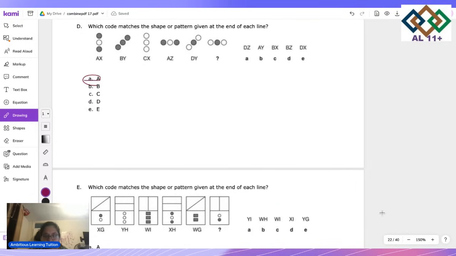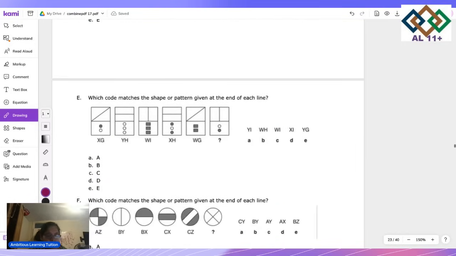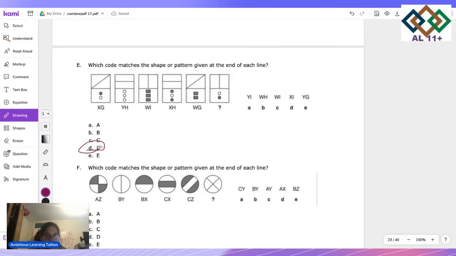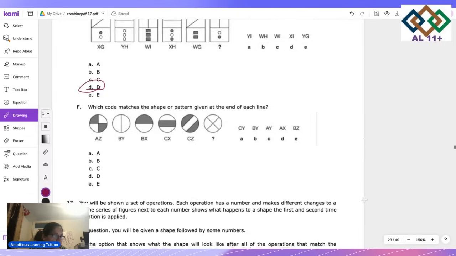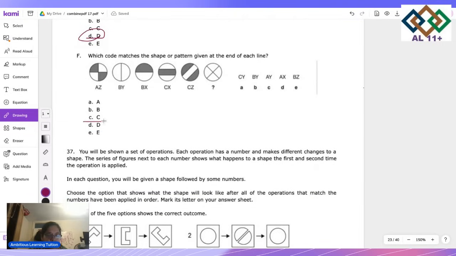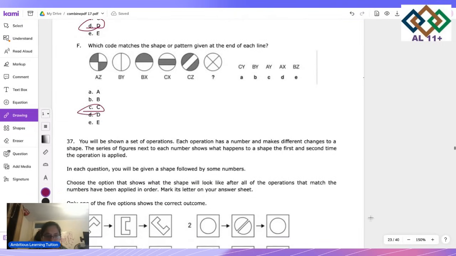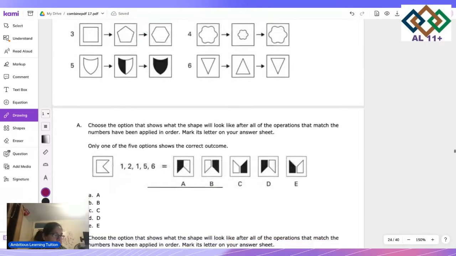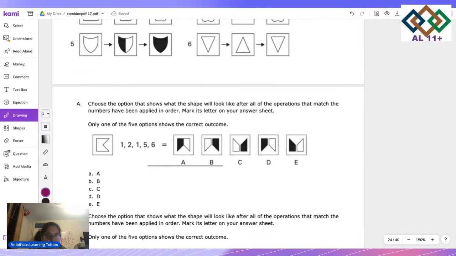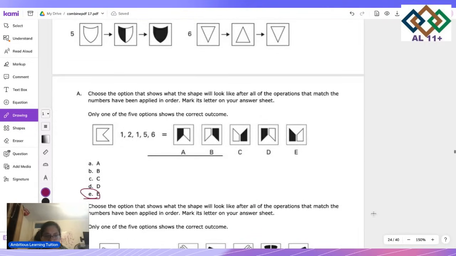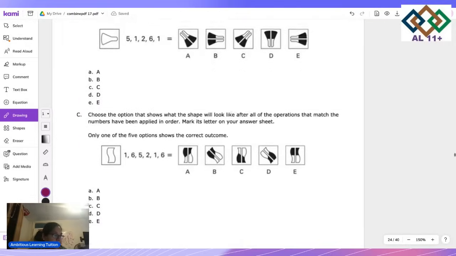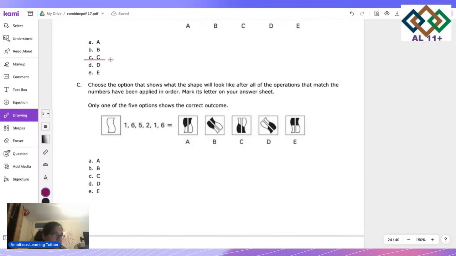Here's A. E for this one. Is C for this one. A for this one.